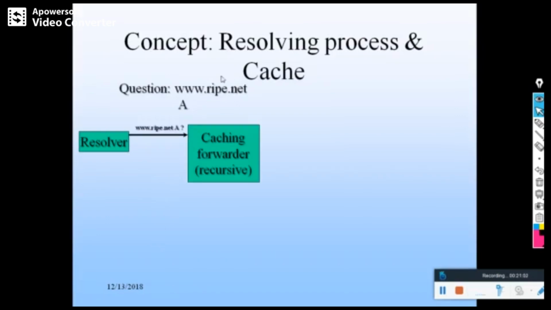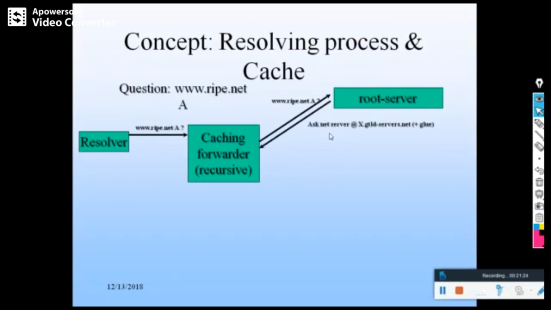Now, the concept of the resolving process and cache. Here the resolver wants to know the address of www.rip.net.a. In the recursive or iterated method, it will try to contact the root server and try to get the information.